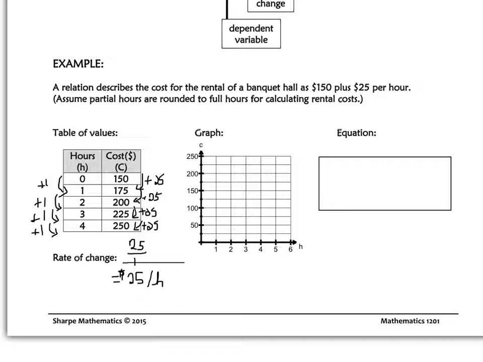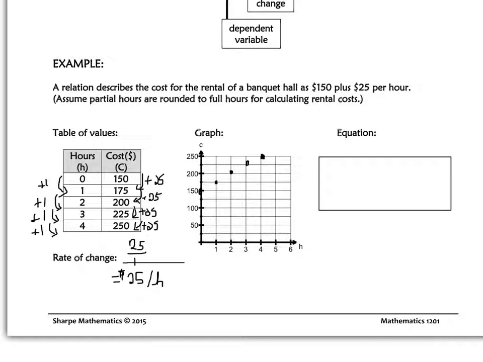And if we look at the graph of this relationship, cost would be your dependent variable, so that would be on your vertical axis, and your hours would be the independent variable, on your horizontal axis. So we had 0 going with 150, 1 going with 175, 2 going with 200, 3 going with 225, and 4 going with 250.